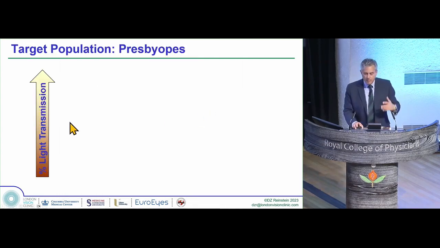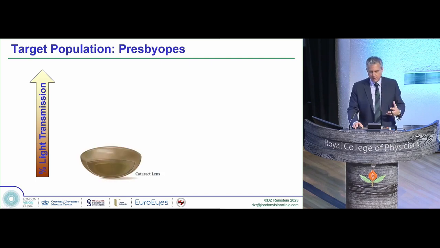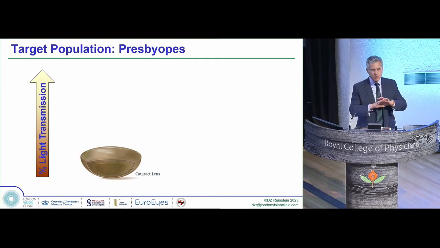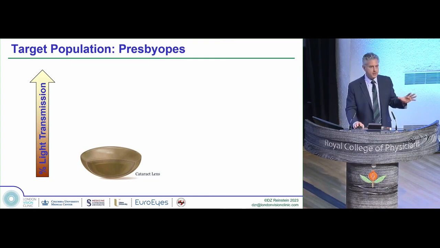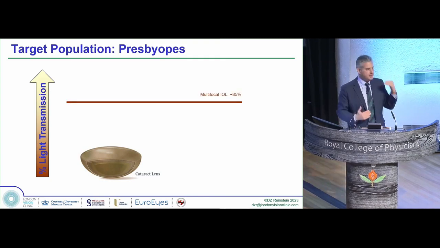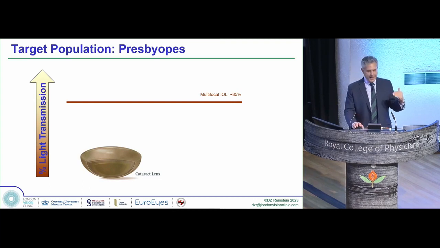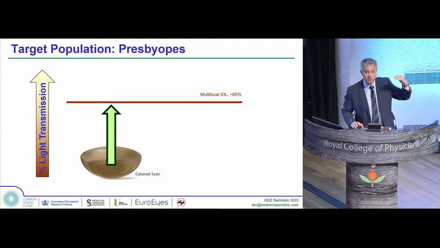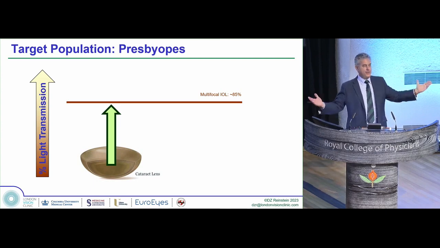Look, the target population for multifocal IOLs is quite legitimately cataract patients, because if you have 15% transmission and you put a Zeiss trifocal in and you drive that transmission up to 87%, you're the second Messiah.